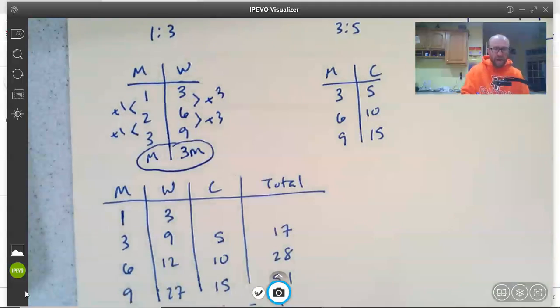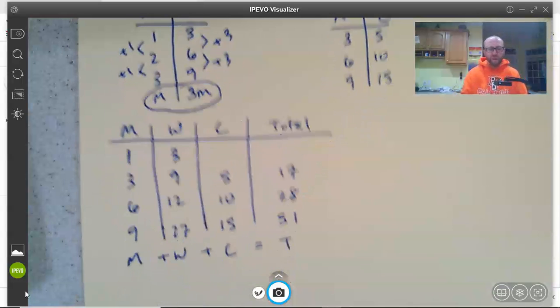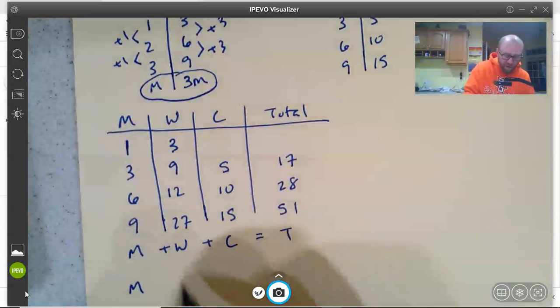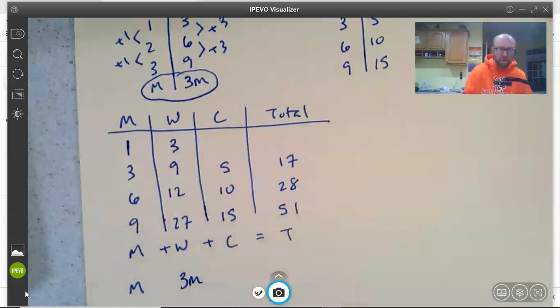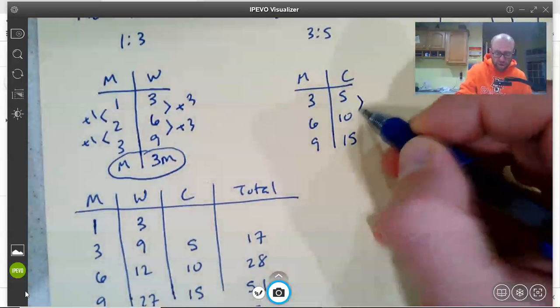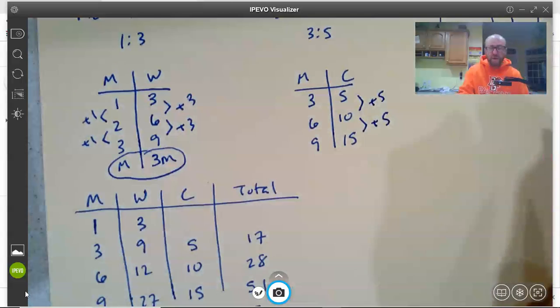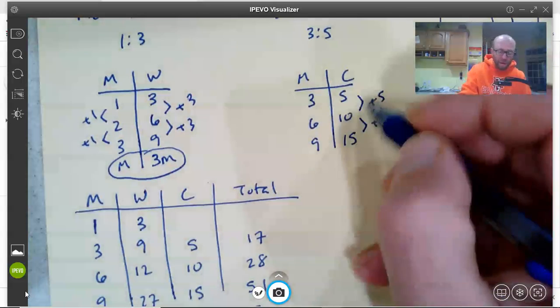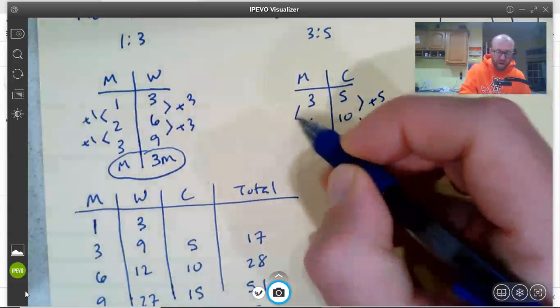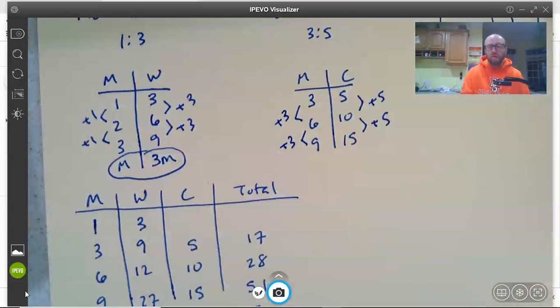So we have our expression there for women. If I start out with men, then women I can replace with 3M. Now we work on the number of children. Here, the number of children is increasing by 5s, but it's increasing by 5s every time the number of men increases by 3.